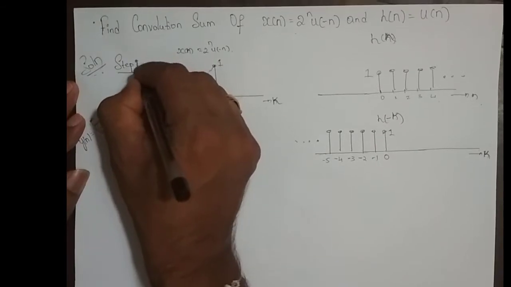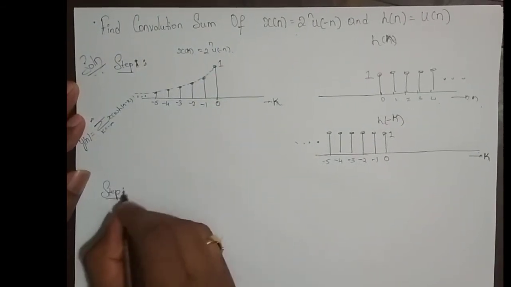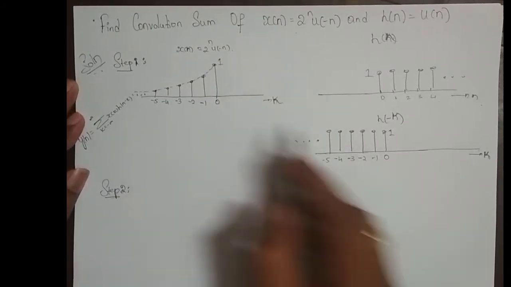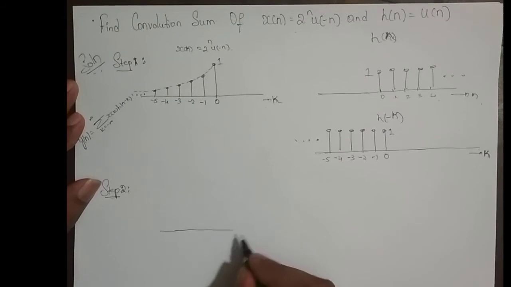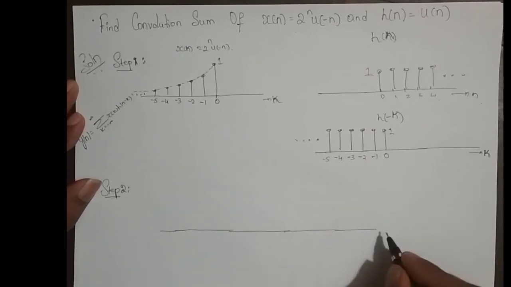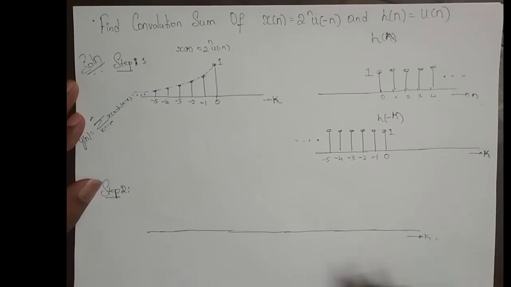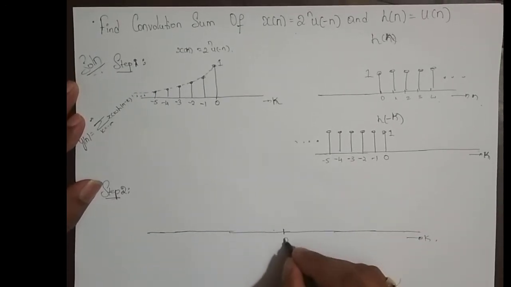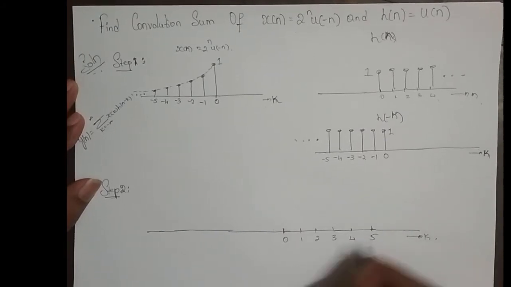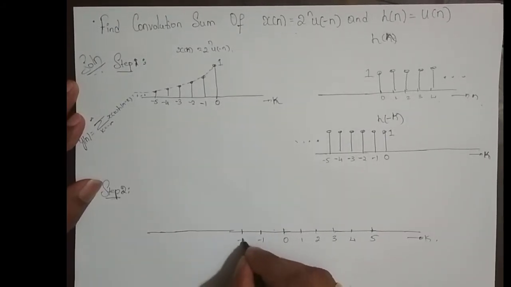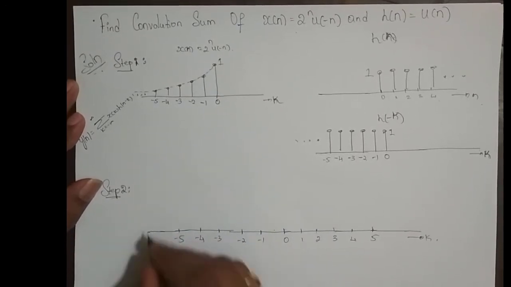I have to bring both x of k and h of minus k in the same variable k, independent variable k, right? So 0, 1, 2, 3, 4, 5, minus 1, minus 2, minus 3, minus 4, minus 5, so till minus infinity to plus infinity.